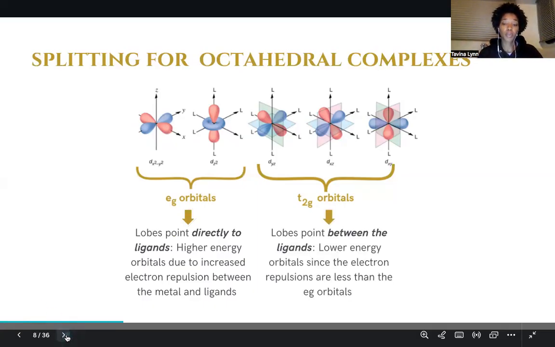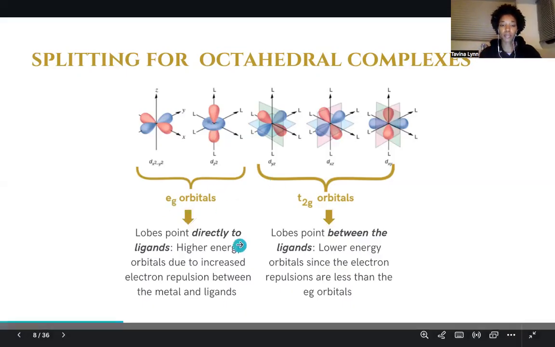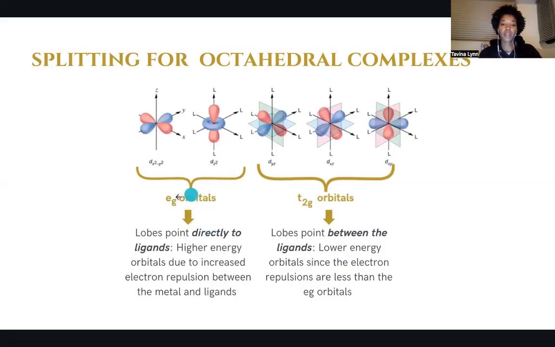These other three orbitals, where the lobes are pointing between the ligands, are lower energy orbitals because there's less electron repulsion compared to these Eg orbitals. So this naming for these energetic differences in the d orbitals is specifically for octahedral complexes.